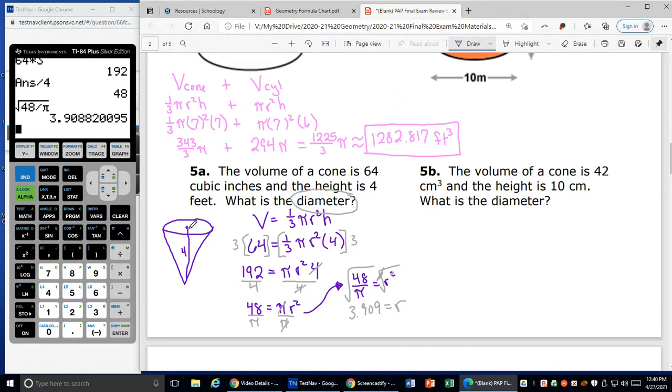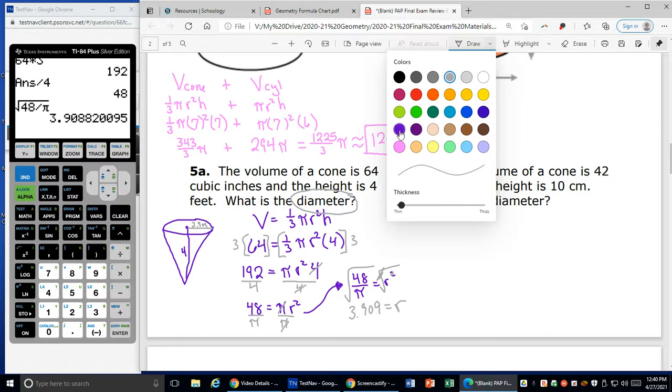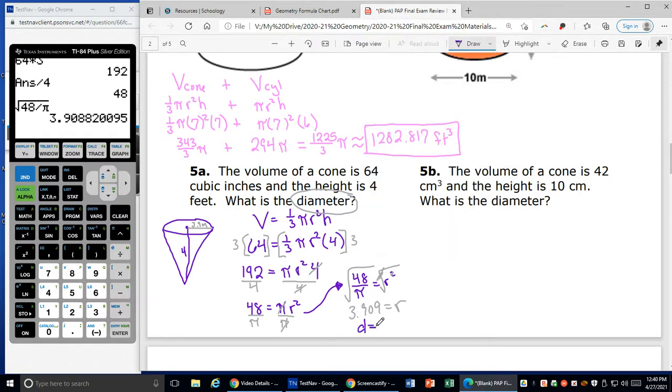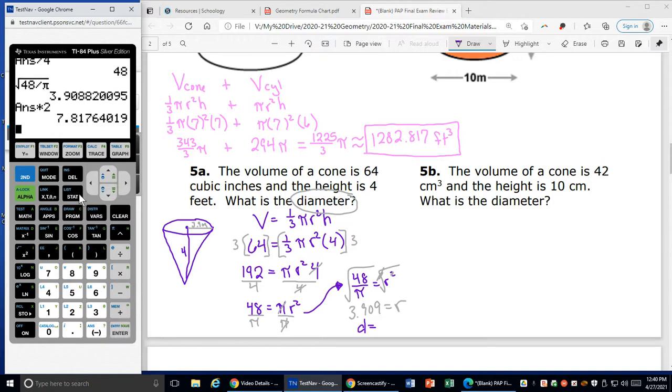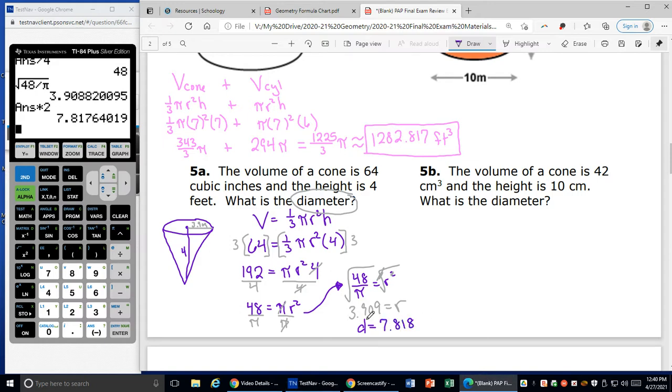So I know my radius is 3.909. My diameter is going to be twice that, right? I'm going to multiply that answer by 2, and I'm going to get 7.818 when I round correctly. 7.818 for my diameter.